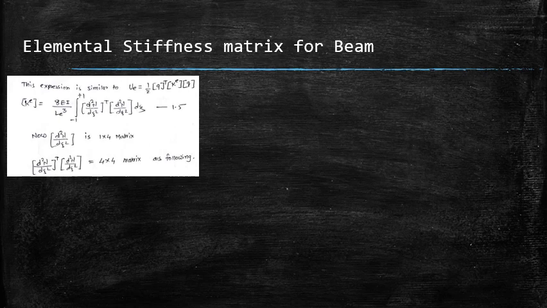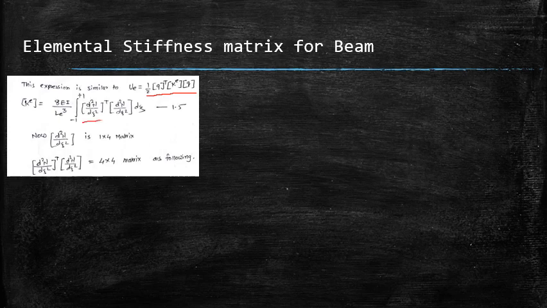So this term is similar to the term that we use to represent strain energy stored by a spring, half q transpose Ke into q, where the value of Ke is nothing but 8EI upon L cube, integral from -1 to +1 of d2N by d zeta square transpose into d2N by d zeta square d zeta.